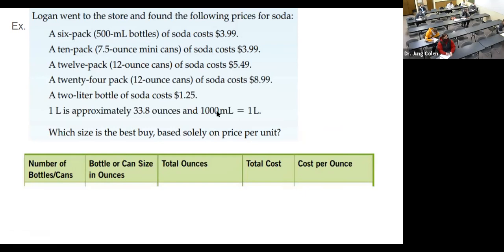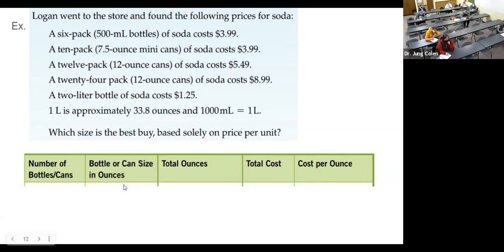Here is the key, I'm saying this again. It says 1,000 milliliters is 1 liter. So if we are given a 500 milliliter bottle, it's half of a liter, isn't it? So it says 1 liter is approximately 33.8 ounces. We have only half of the liter, so we need to have half of these ounces. What's half of 33.8?